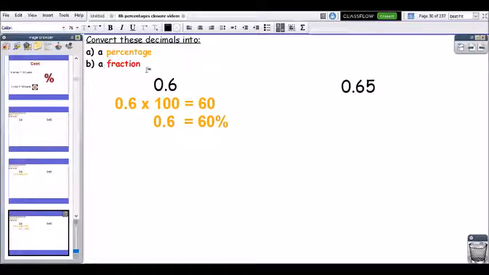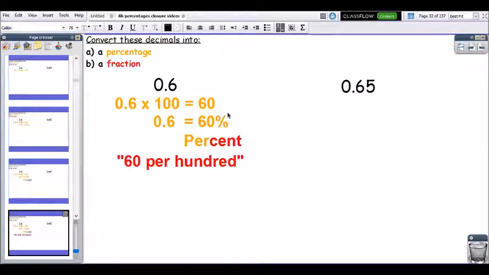Now let's think about how to write it as a fraction. Well, we just said that percent means per 100. So I could say that 60% means 60 per 100. If I write this as a fraction, 60 per 100, it just means 60 out of 100. So it's 60 hundredths. Okay, so this is a valid answer, but to get my full marks, more often than not, I will be expected to simplify the fraction as well.